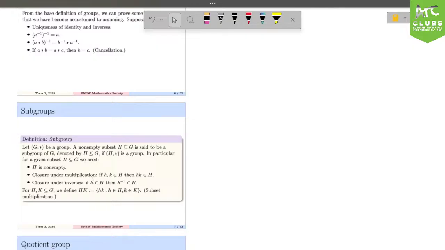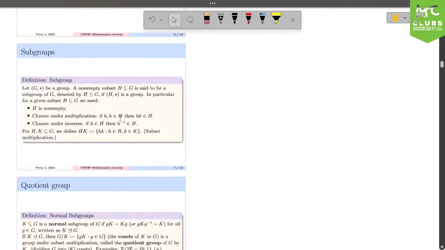Every element of H has to be in G. So H must be non-empty, of course, and we must have closure under multiplication, and we must have closure under inversion. A corollary of this is that the identity must be in the subgroup, because if A and A inverse exist, and A times A inverse does not exist, that doesn't make any sense, right?